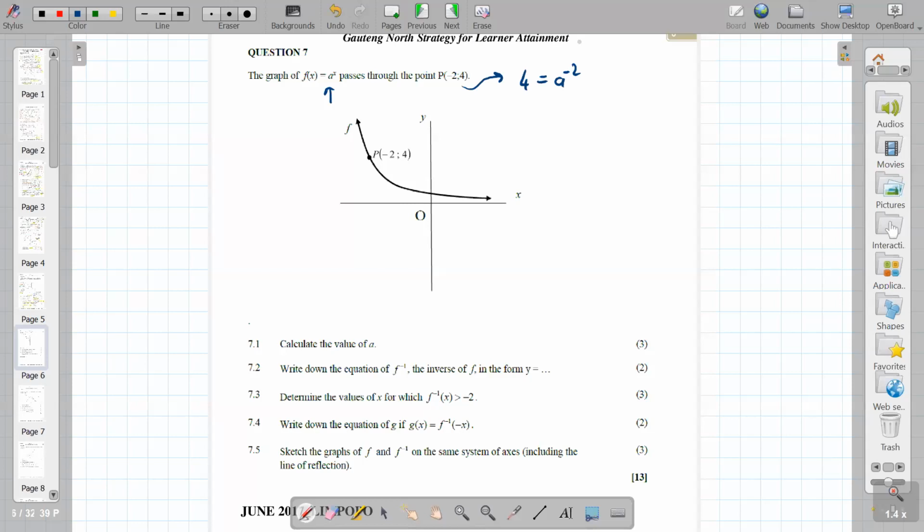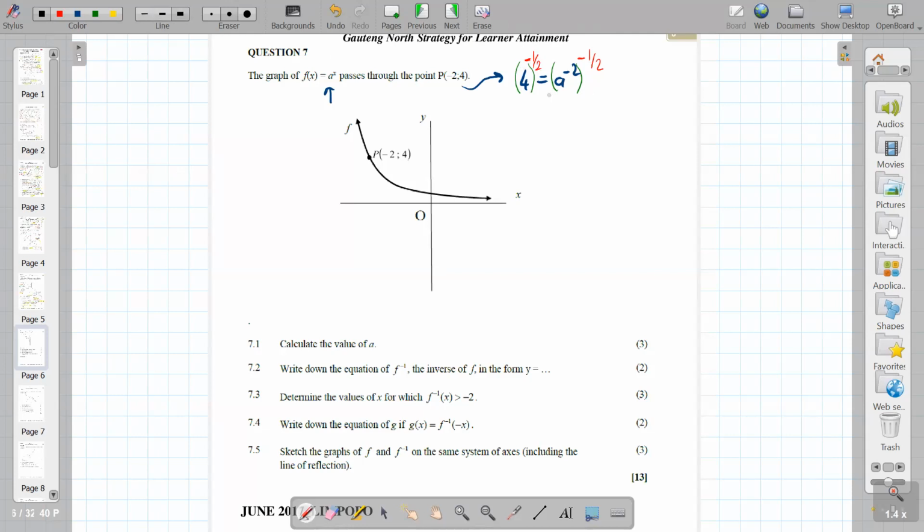Now, how can you leave a alone to find it? We can take, as a method, and it's not like you have to do it this way, this is one of the ways, the power of each side, and it's the power to the power. To be able to have the power of 1, I will multiply by 1/2. So on both sides I'll take the power of 1/2.